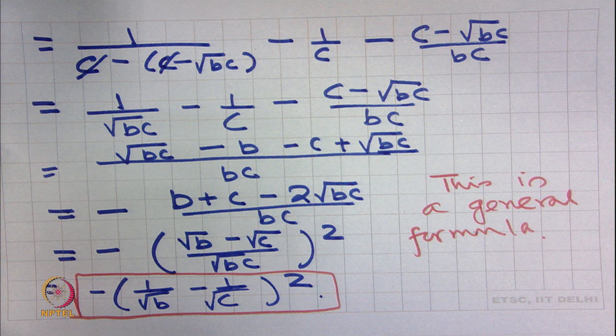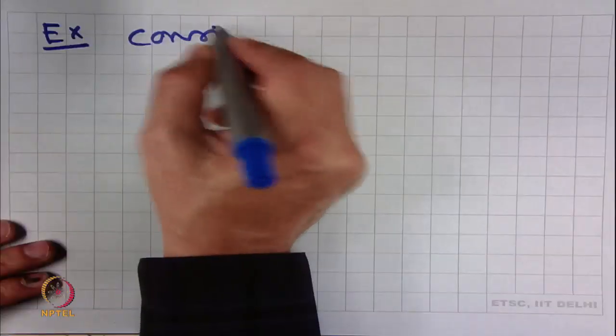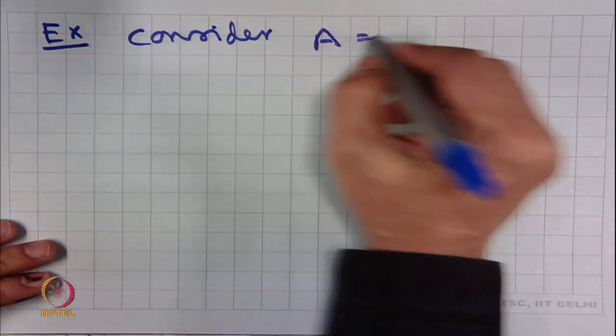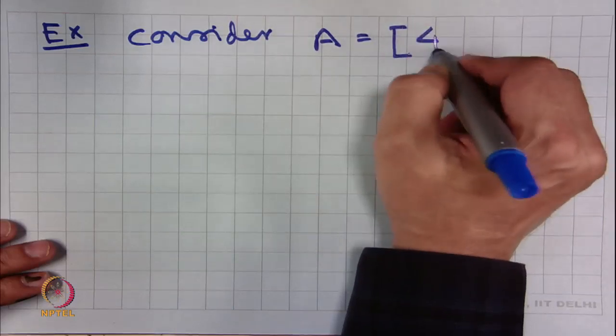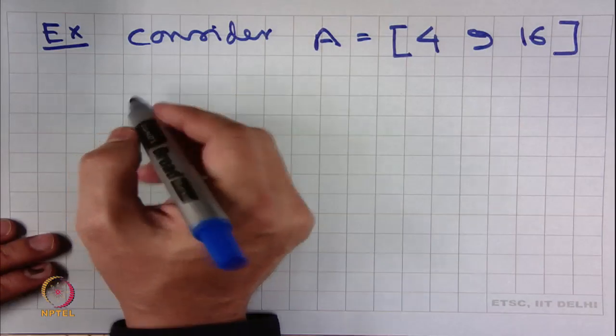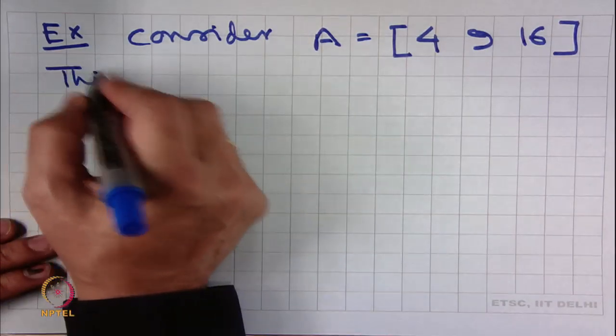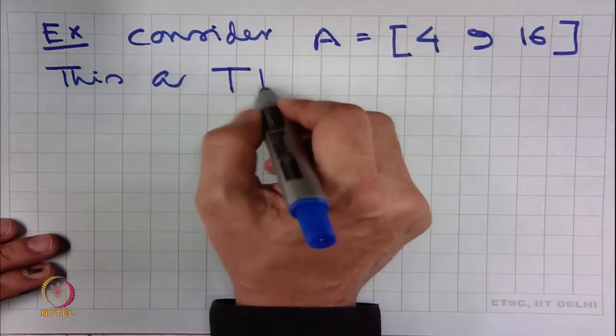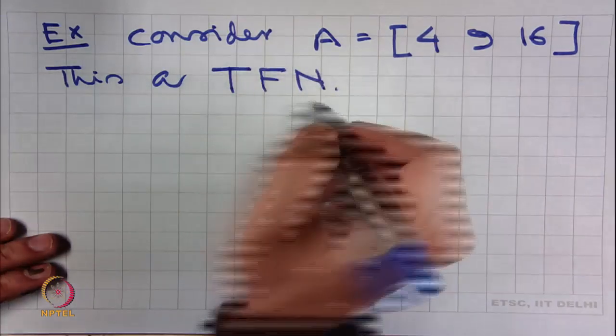So, let me give you an example. Consider A is equal to (4, 9, 16). This is a triangular fuzzy number.